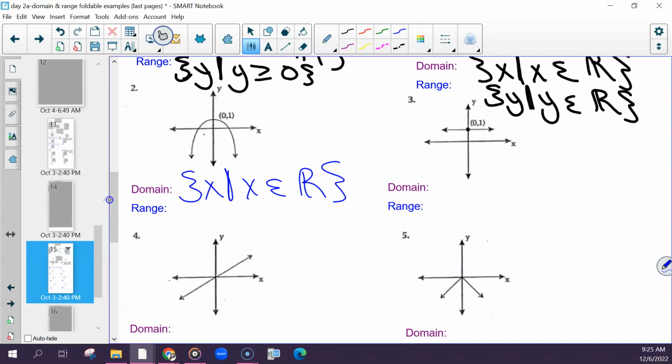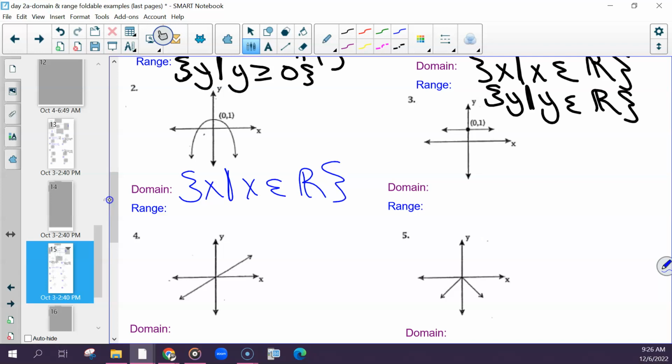Range is going to be a little different. What's our lowest point? Otis? Is that the lowest or is it the highest? Or neither? So y values. Does this stop or start at 0? No. So what's our lowest point? That's only if it goes in both directions.